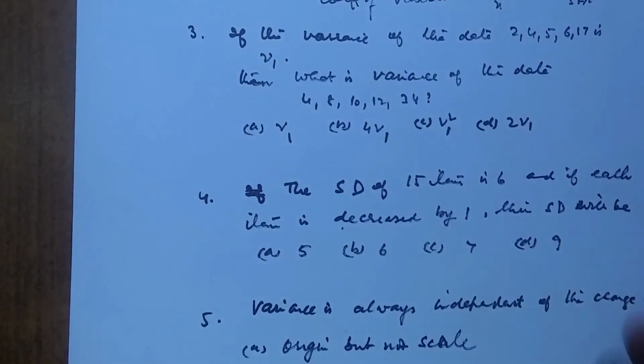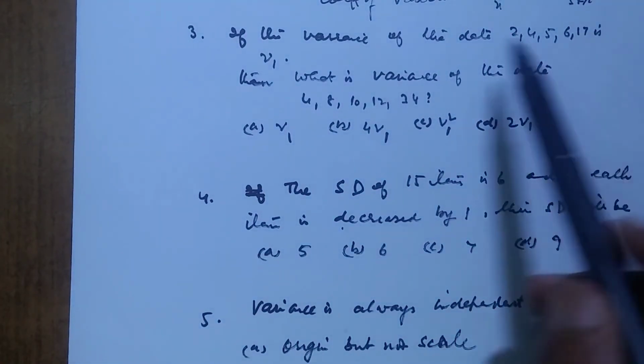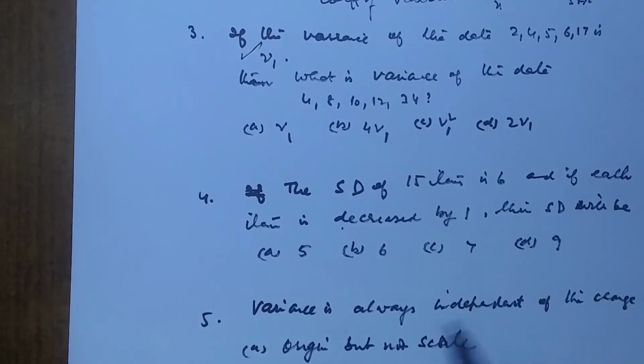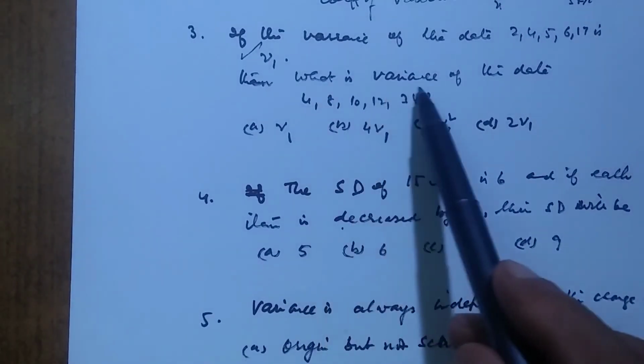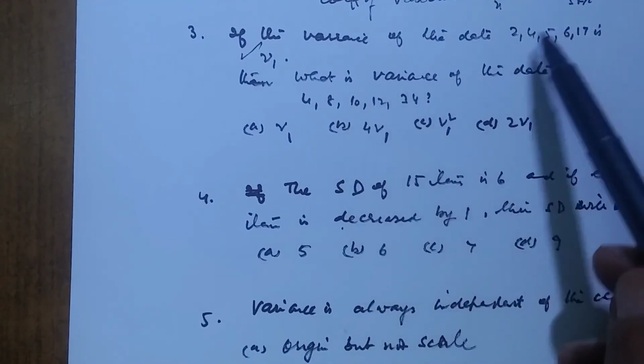The third question says: if the variance of the data 2, 4, 5, 6 and 7 is V1, then what is the variance of the data 4, 8, 10, 12, 14? Let's multiply each one by 2. The new variable is the original one multiplied by 2.